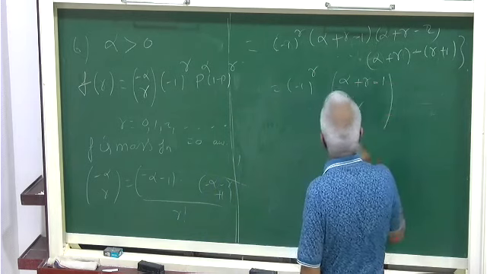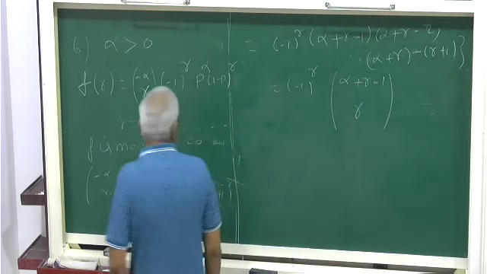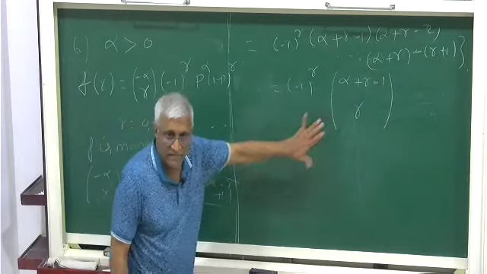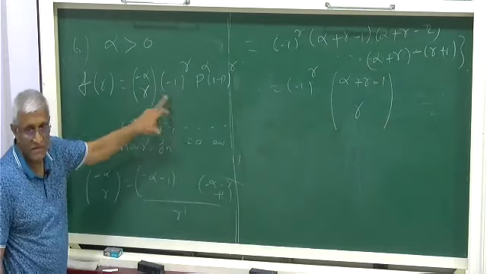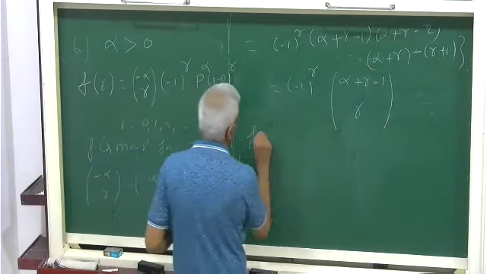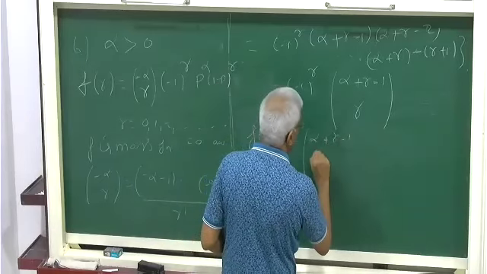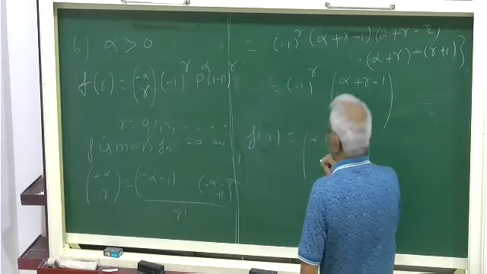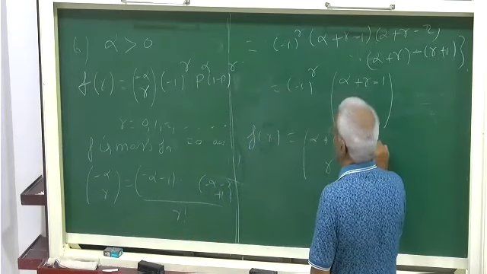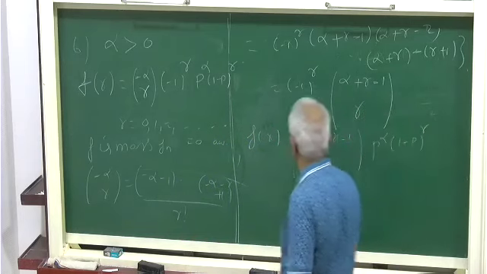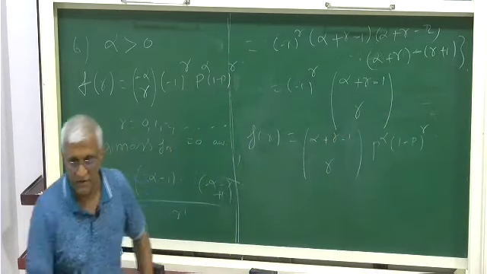This is the same as this. This is a positive number, and there is a minus 1 here, so the product will be a positive number. So f of r is basically alpha plus r minus 1 choose r, into p power alpha, into 1 minus p power r, which is positive.